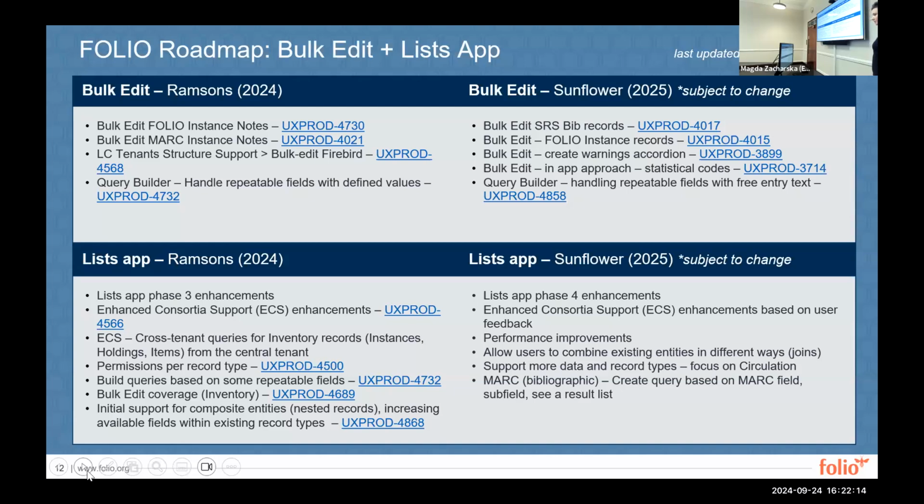We're also hoping to get some circulation coverage, which we don't currently have much of. And then we're hoping to start on MARC bibliographic records as well. You're more than welcome to come see me or ask if you have questions about any of the specifics on that. I think this is our last slide.